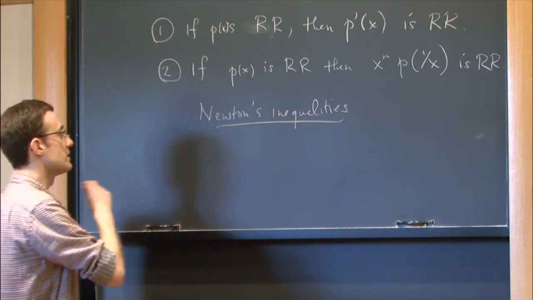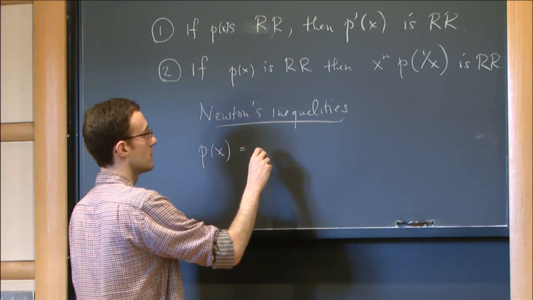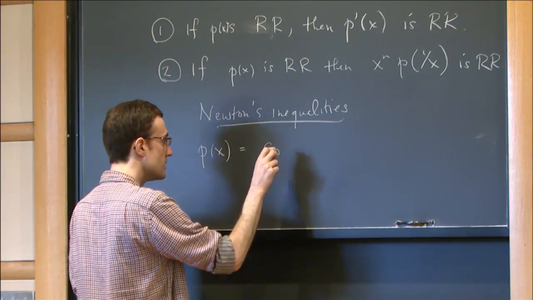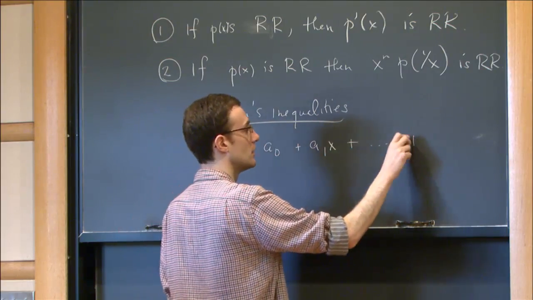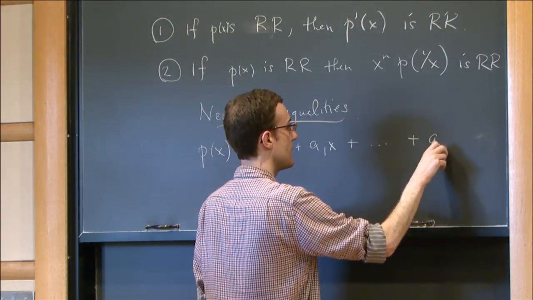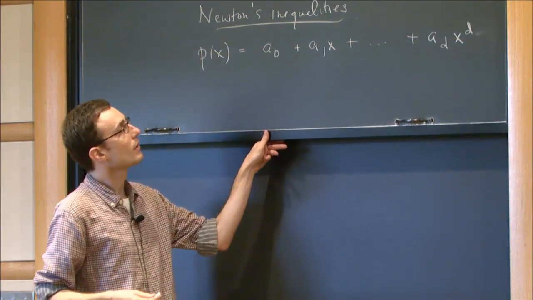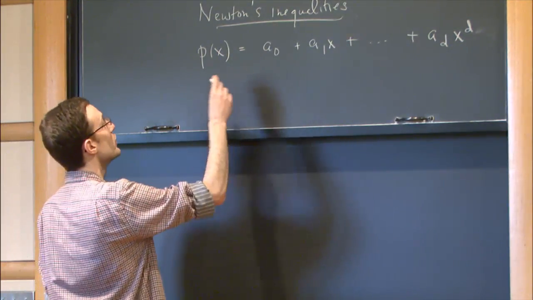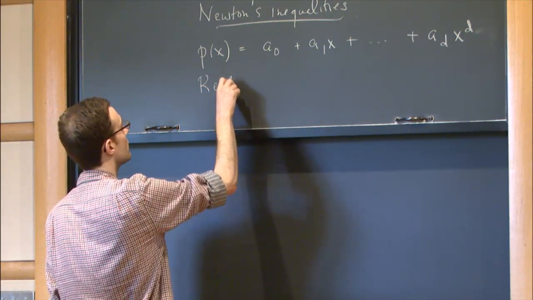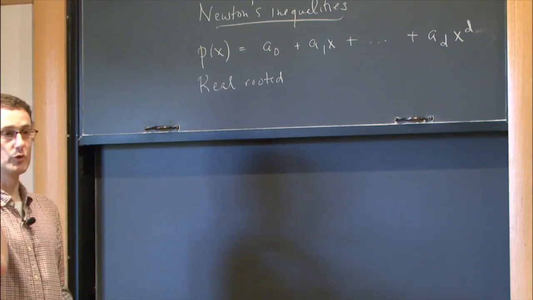And Newton's inequalities say that if P of x is a0 plus a1x plus ad x to the d, so a polynomial of degree d, which is real-rooted. Real-rooted, you mean all the roots are? All the roots are real.